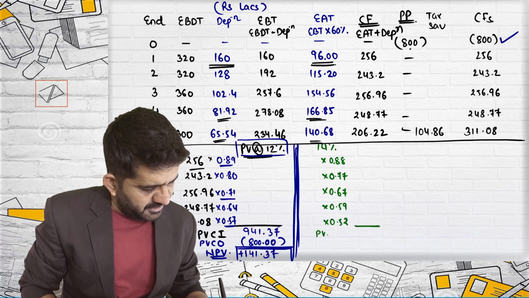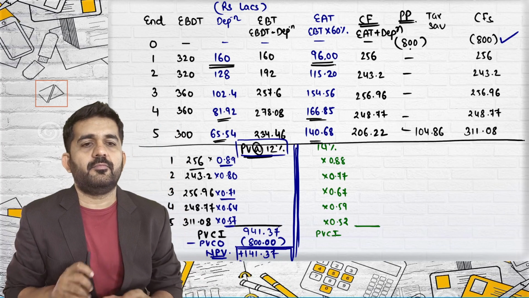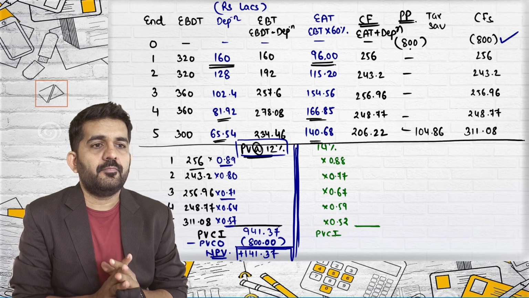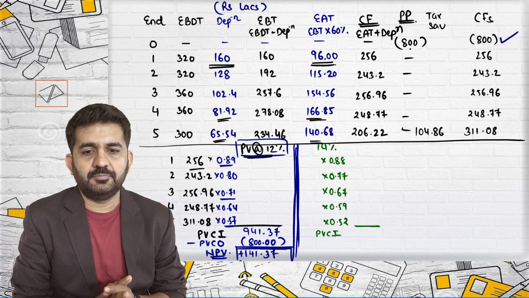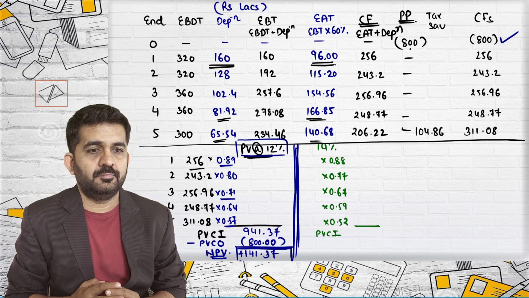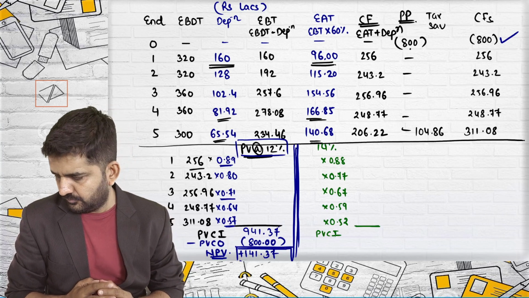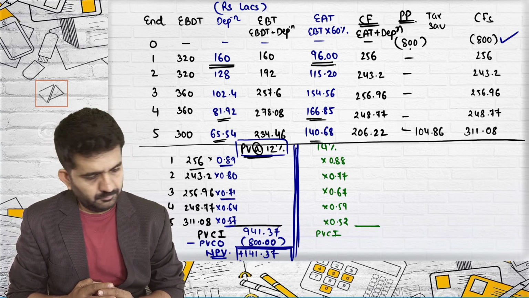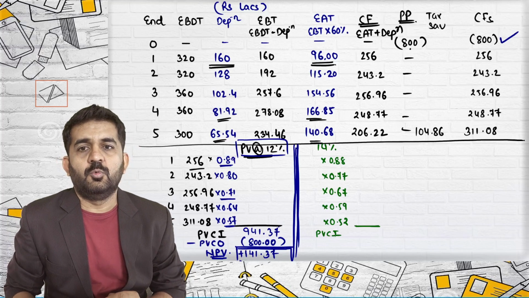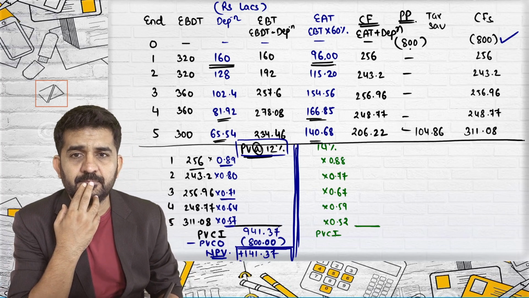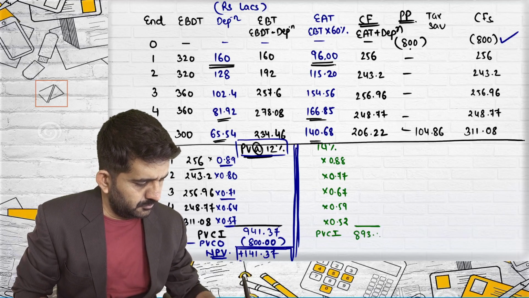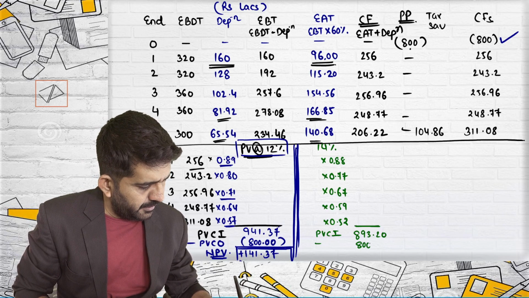You need to tell me the present value of cash inflow. What is the present value of cash inflow? 893 point minus 800.